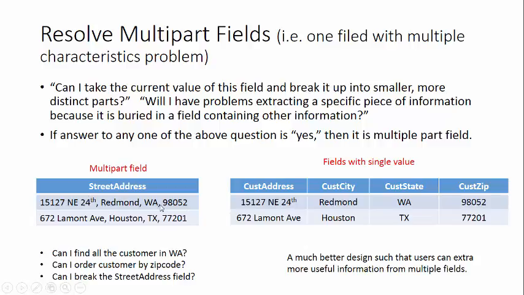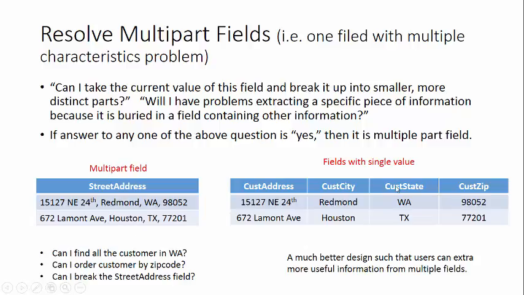Or can I order customers by zip code from smallest to largest? The answer is no, you cannot, because zip code is part of the whole address. You cannot separate them easily. But we can break that into smaller pieces. So this is one example of one field containing multiple parts.